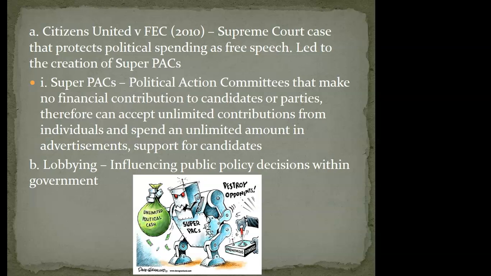This is a fairly recent issue, and in 2010 there was a Supreme Court case called Citizens United versus the FEC, and this group, Citizens United, was a political action committee that had formed to try and basically lobby interest for a certain political cause, and they were suing because they wanted the freedom to spend money however they wanted. They wanted to be able to spend as much money as they wanted towards a specific candidate, saying that it's basically their freedom of speech to use their money however they want.